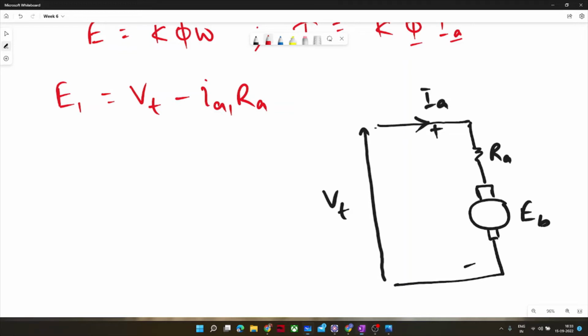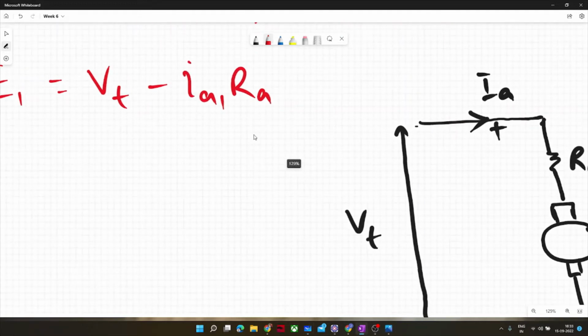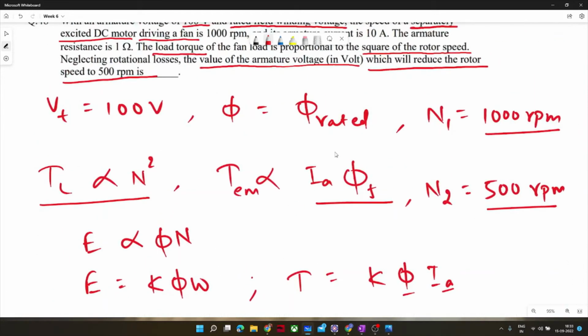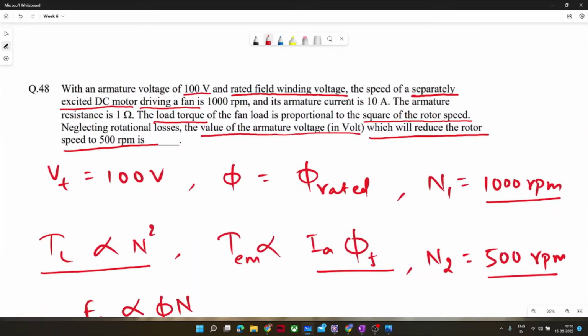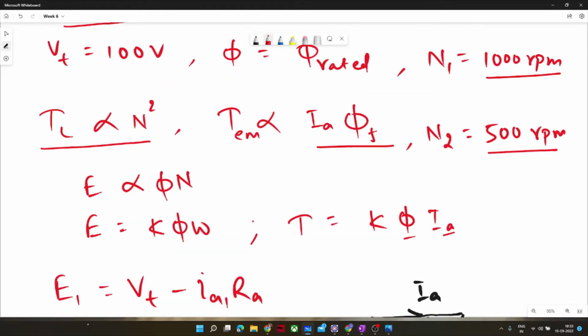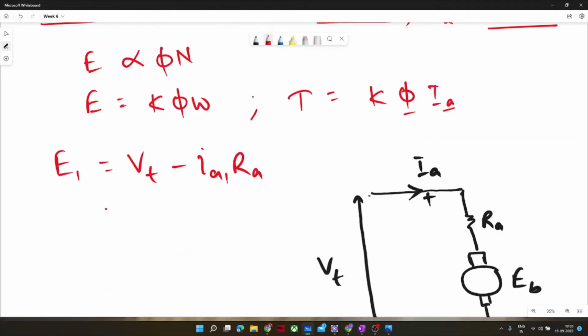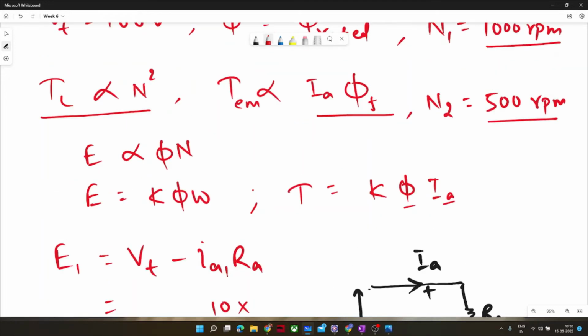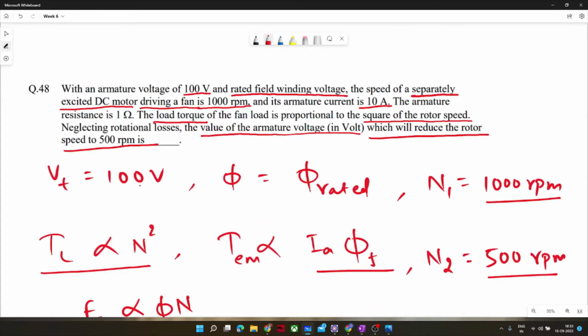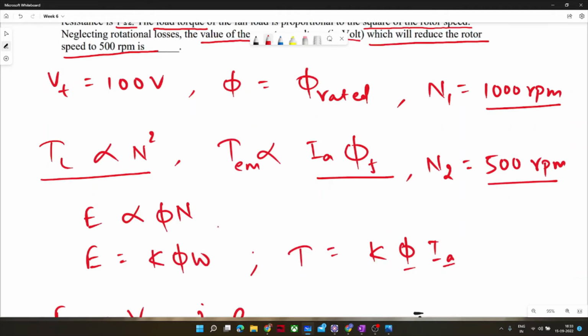It is saying that earlier the armature current was 10 ampere. I hope you are able to follow the problem. So here armature current was 10 ampere when the fan was driving at 1000 RPM. Okay, so at 1000 RPM it was 10 ampere. RA was 1 ohm, I guess. So RA is 1 ohm.